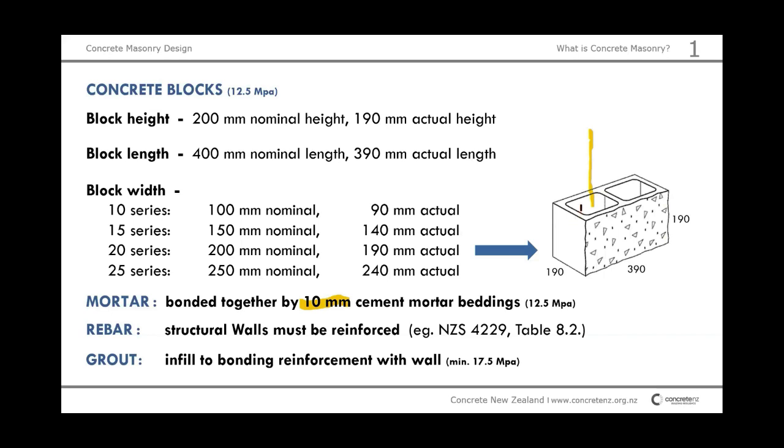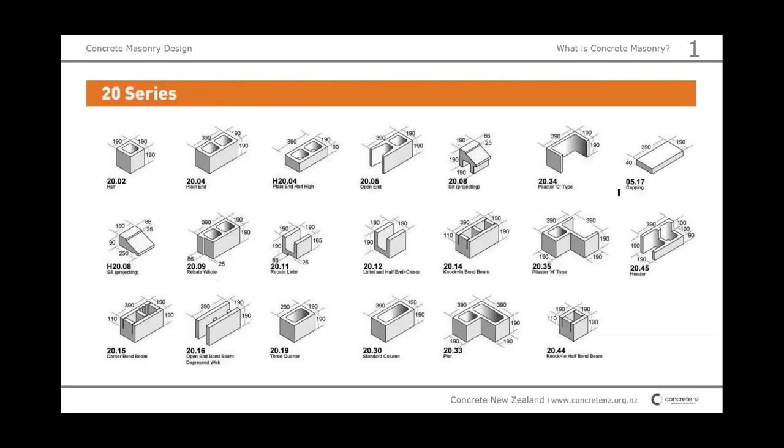And to bond the rebar to the block, we then fill those cells. We use grout, a very fine concrete. We can only fill the cells where there's rebar, which would be called partial fill, or we fill all of the cells, which is more common, and then we talk of fully filled concrete masonry walls. So yes, I was talking about the standard dimensions.